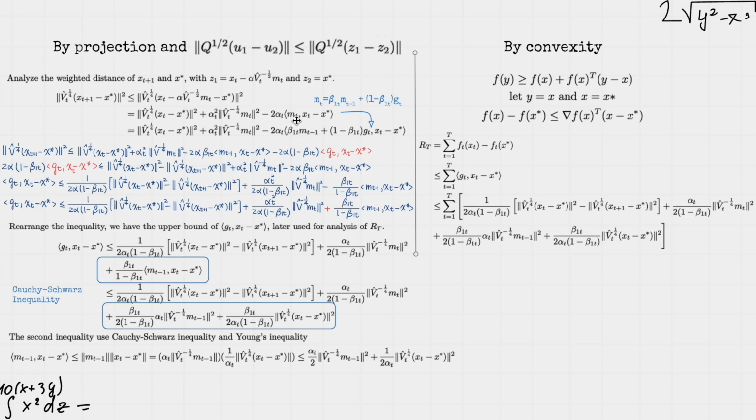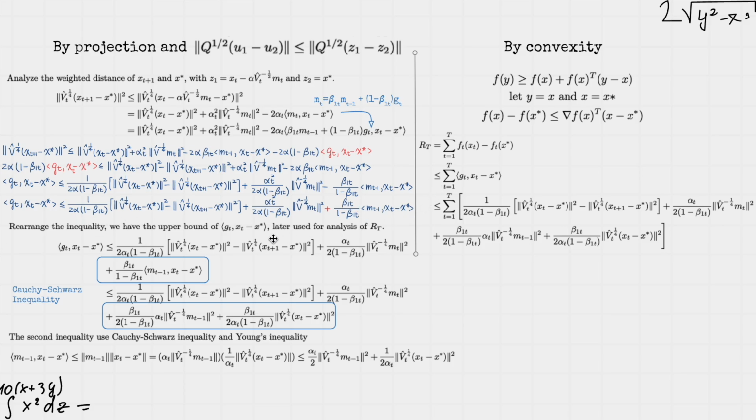And we can further expand mt according to its own definition, where mt is the weighted sum of mt minus 1 and gt. And what we want is the upper bound of the dot product between gt and the optimality gap xt minus x star. Therefore, by rearranging the terms, we have the upper bound of gt and xt minus x star right here.